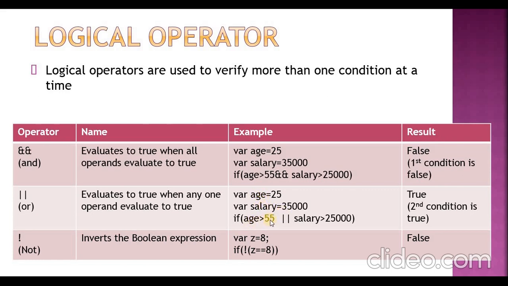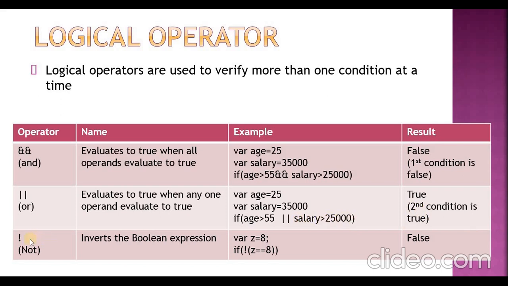Age greater than 55 or salary greater than 25,000. Here, the first condition, 25 greater than 55, is false. But the second condition, that is salary 35,000 greater than 25,000, is true. That is why the final result is true, because one condition is true.